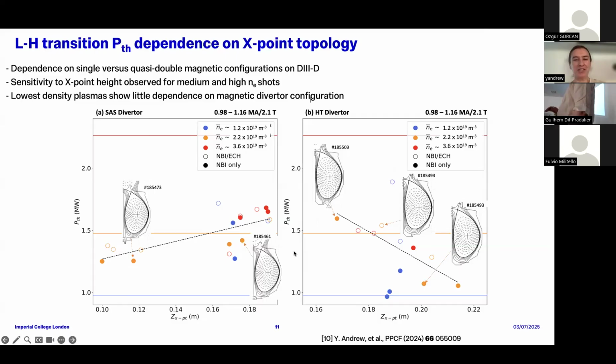There's quite a lot to try and disentangle there. We did these scans at 3 different densities. So you can see that the most sensitive dependence was at the mid and high density, so the orange and the red. This was for both sets of data. And then at the lowest density that we explored, there wasn't much. So in the blue, there wasn't much dependence there on the Z X point height.